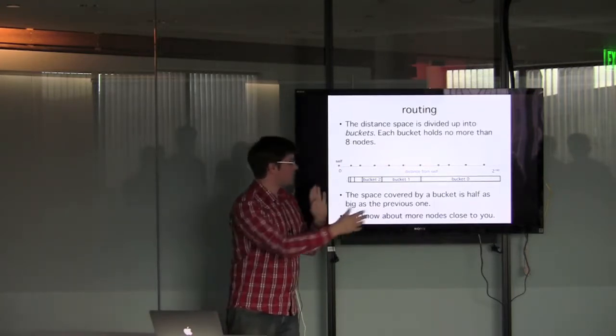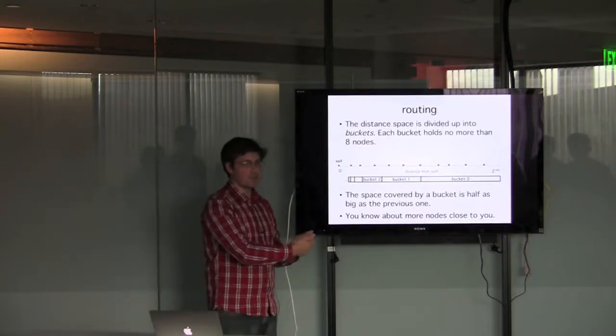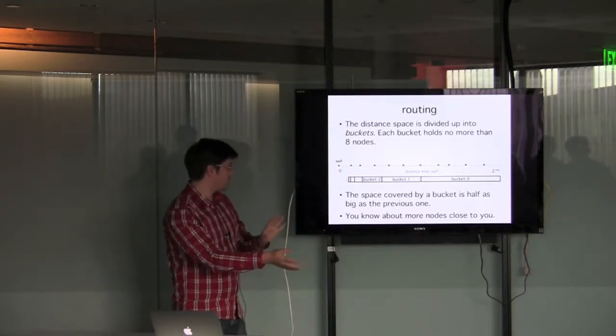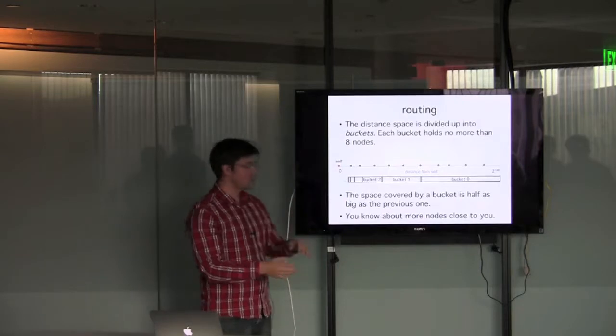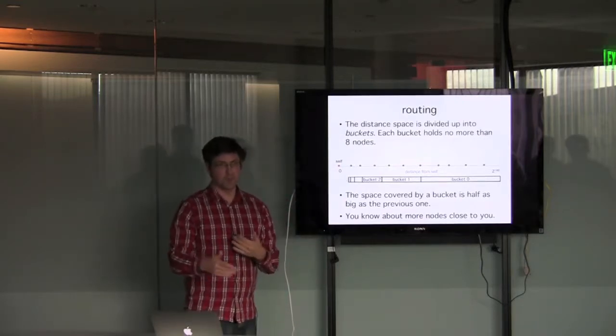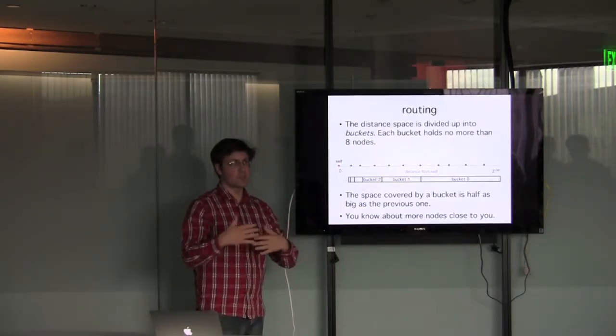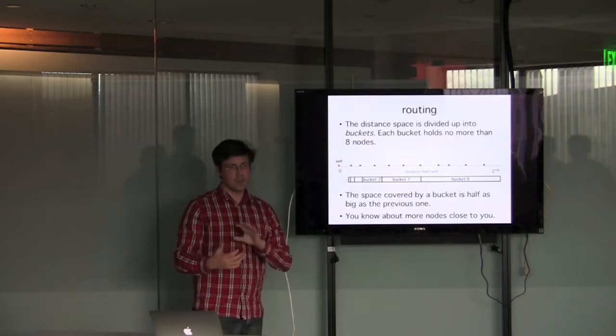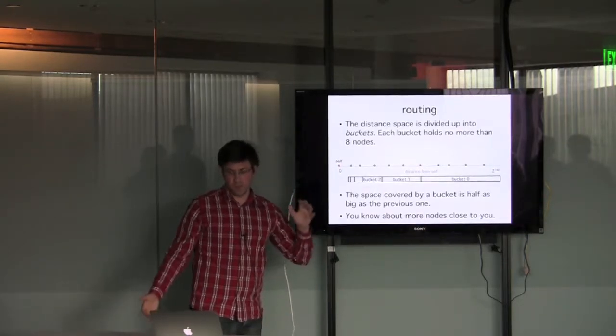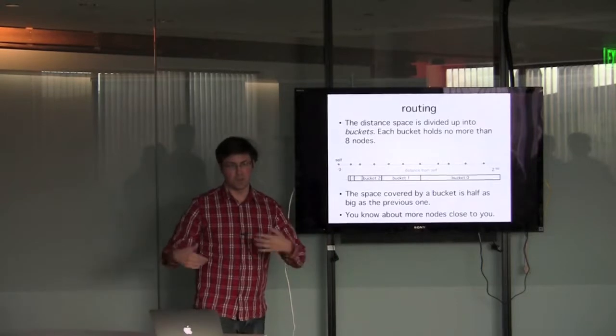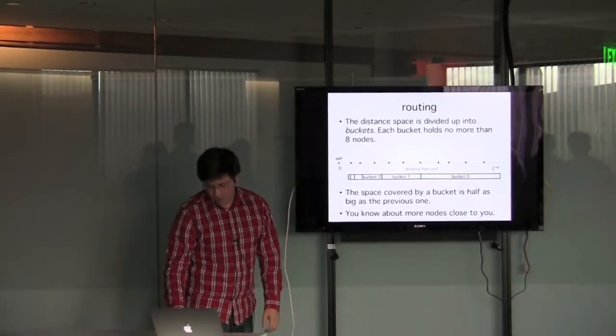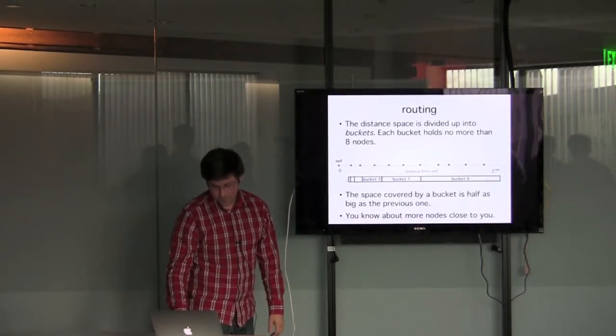The half of the space is very sparse. You only know 8 nodes there, but closer to you, there's no limit really on how many nodes there are. The closer you get, the amount of storage you allow for nodes increases quite a lot.